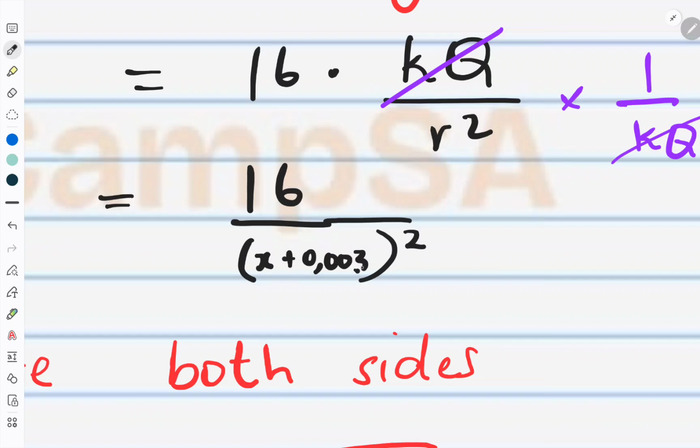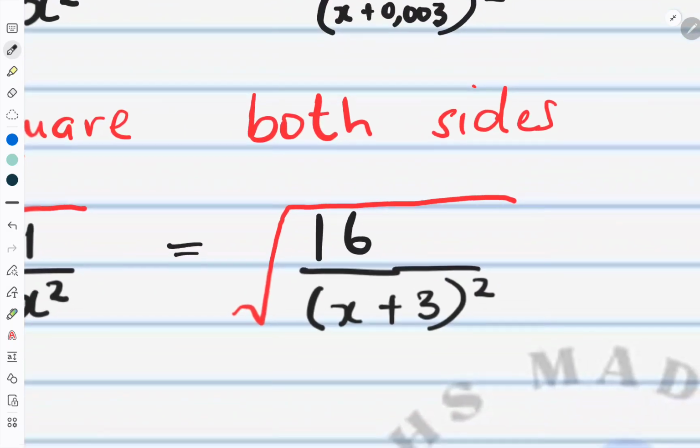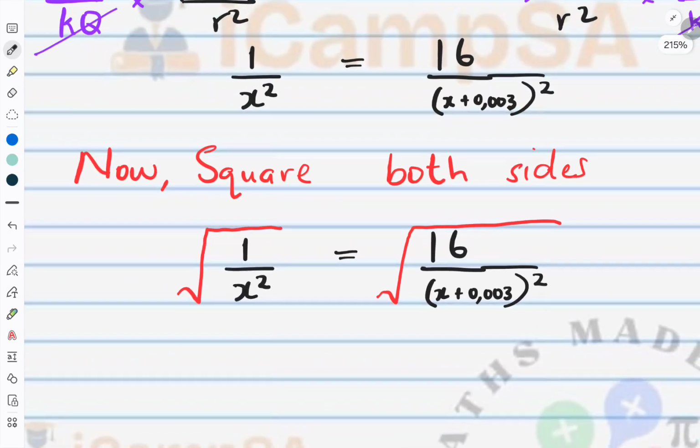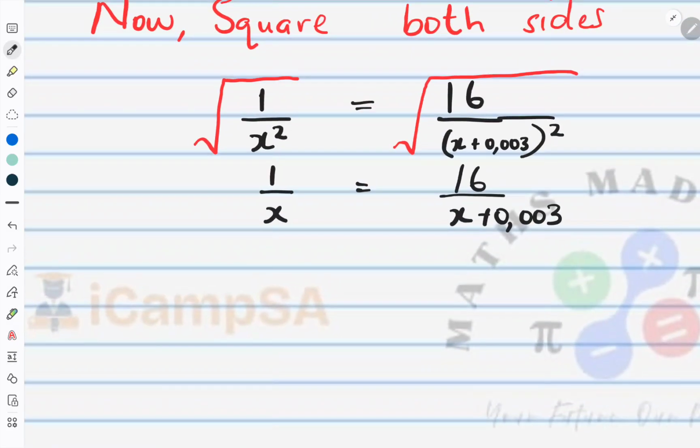It's 0.003, not just 3. Right, then same here. Much better. So let's square both sides. This will remove these squares. So now we'll have 1 over x is equal to 16 over x plus 0.003.